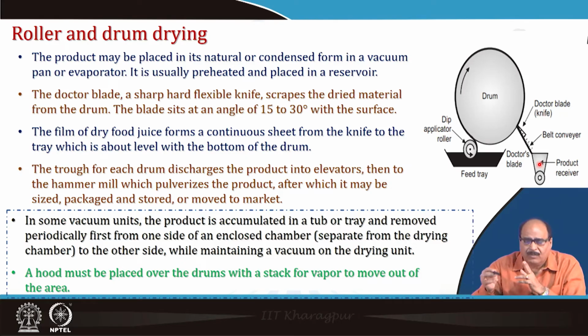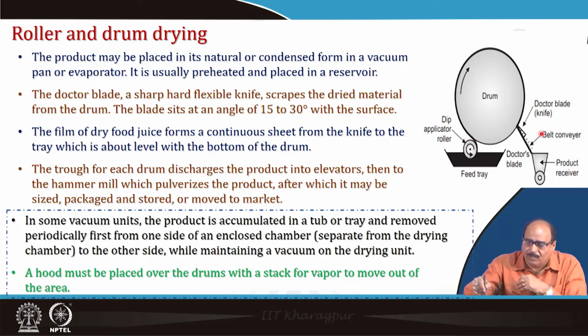In some vacuum units, the product is accumulated in a tub or tray and then removed periodically from one side of the enclosed chamber to the other, while maintaining a vacuum on the drying unit, because by maintaining the vacuum, drying efficiency can be improved, and problems of product removal and hygroscopicity can be handled.